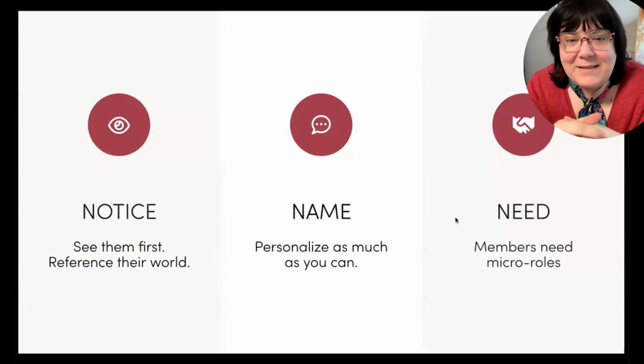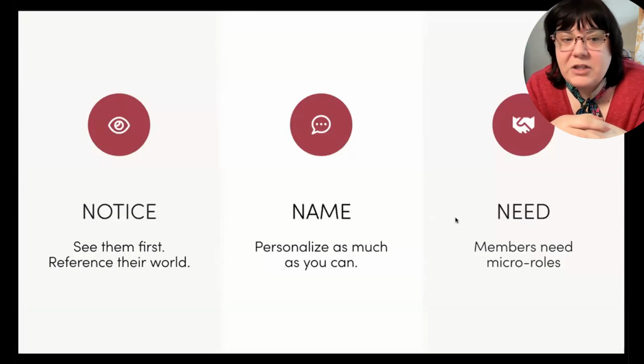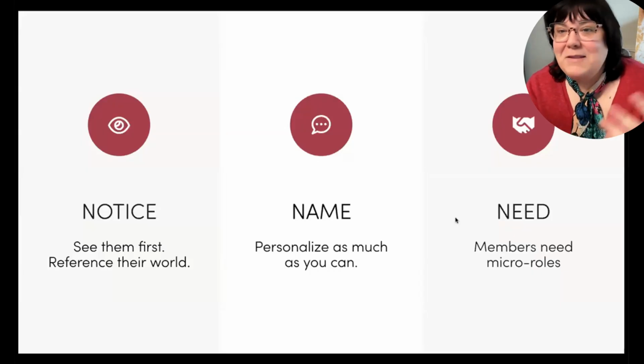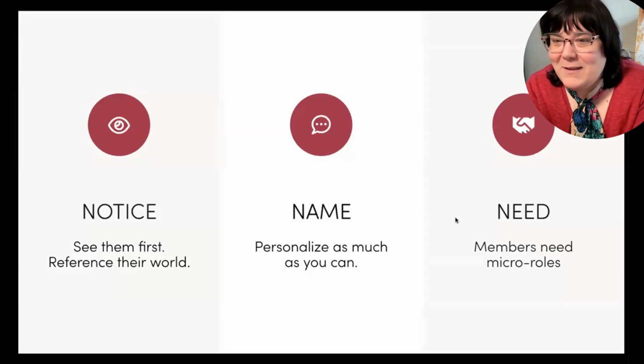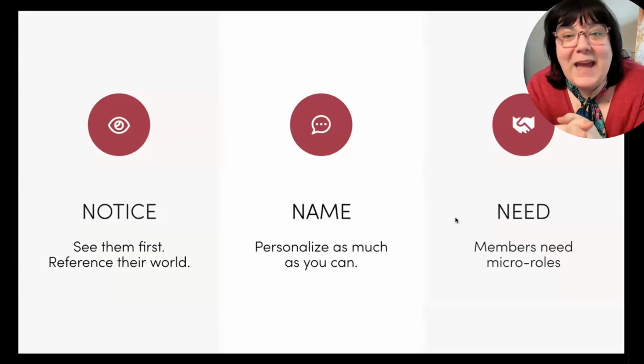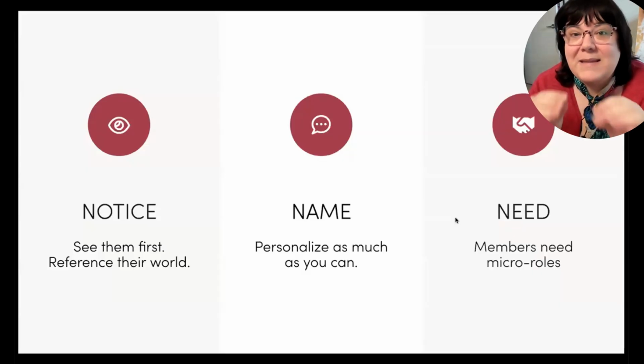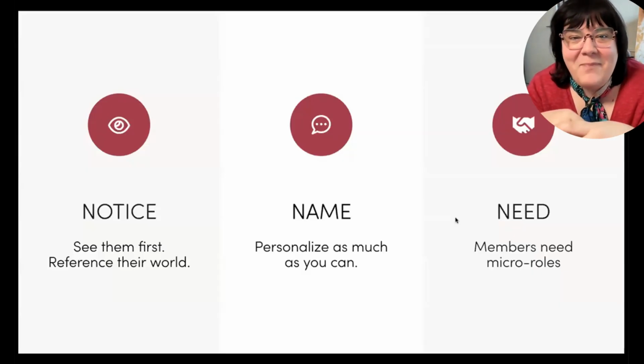In an online space, that could be making sure that you're greeting them as soon as they actually sign up with a warm message that doesn't feel like a canned version of a greeting. We don't want robots talking to people in this case. I know a lot of people are using AI and there are great uses for it, but this is not the place where you want to do that.